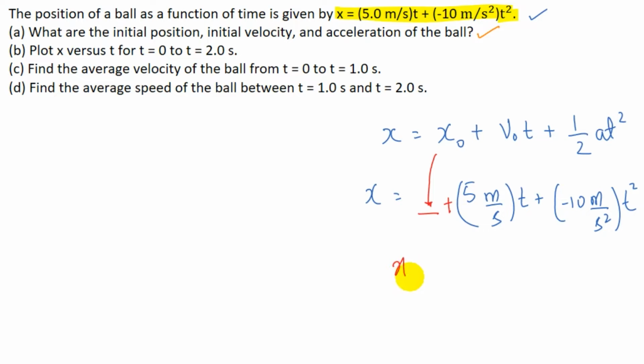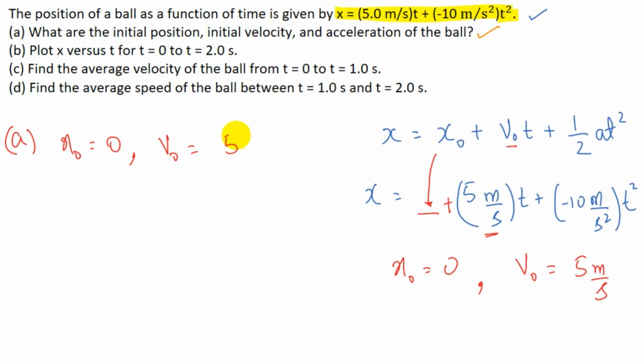So the initial position x naught is 0. Here this is v naught, and in its place we have 5 meter per second. So the initial velocity v naught is 5 meter per second.